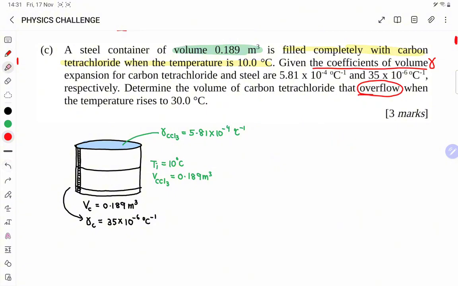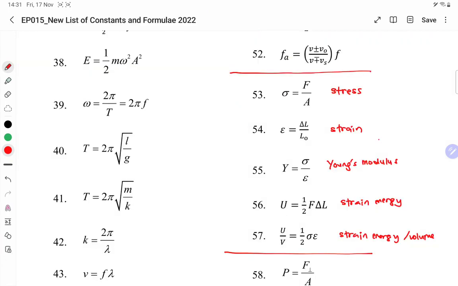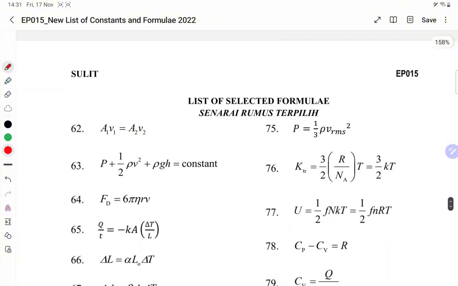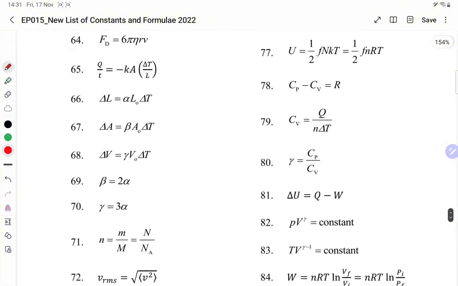So in this question, you have to find how much carbon tetrachloride actually overflowed when the temperature rises to 30 degrees Celsius. Let's go to the list of formulas to see which formula we can use.